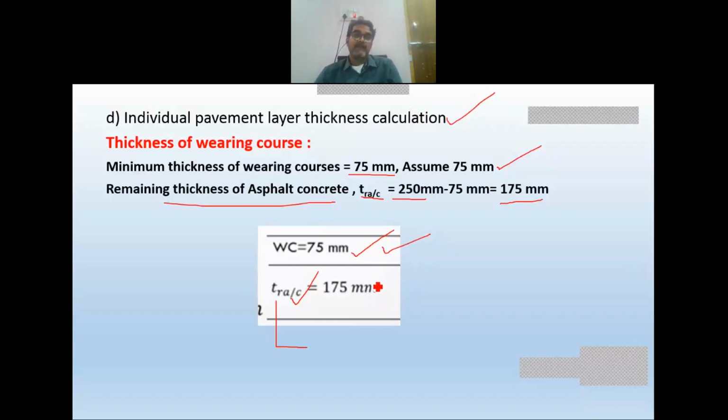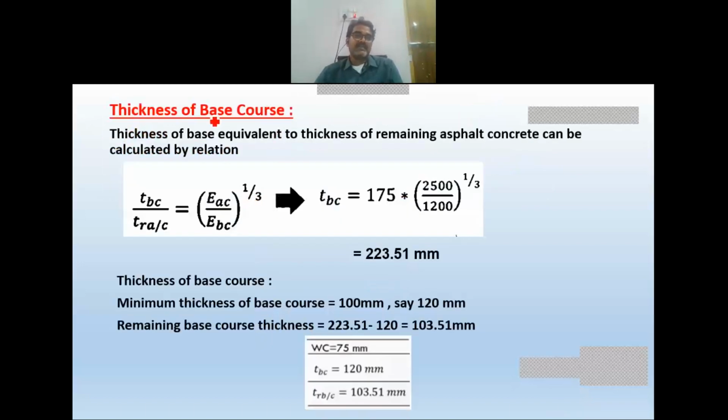We calculate the thickness of base course. The next layer thickness is the base course. Yes, the thickness of base equivalent to the thickness of remaining asphalt layer can be calculated by this relation. Now you just remember this relation. Thickness of base course divided by remaining asphalt concrete thickness is equal to the elastic modulus of asphalt concrete layer divided by the elastic modulus of base course layer, power 1 by 3.